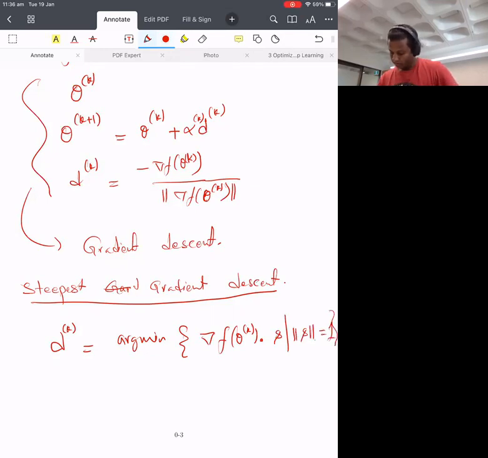Here, this metric is not necessarily the Euclidean metric. This is the Euclidean metric, and this is a general metric.